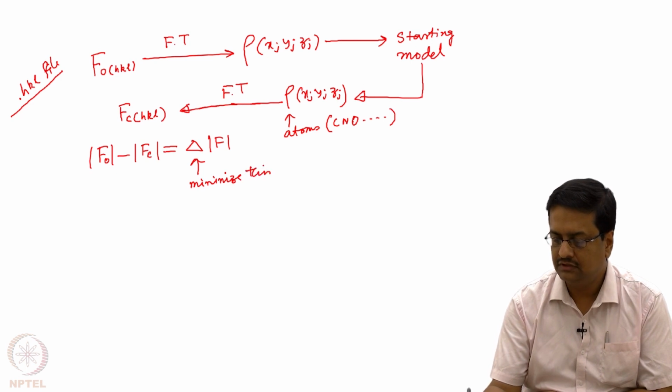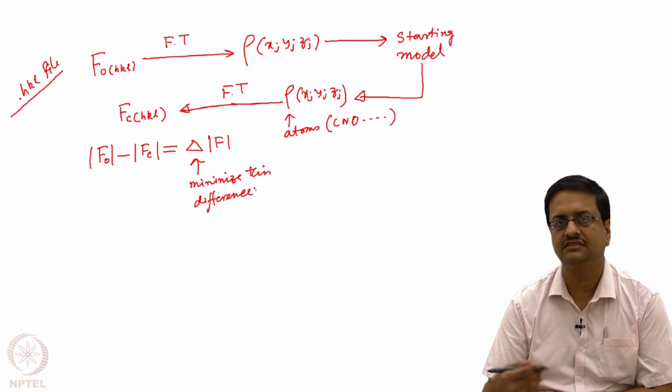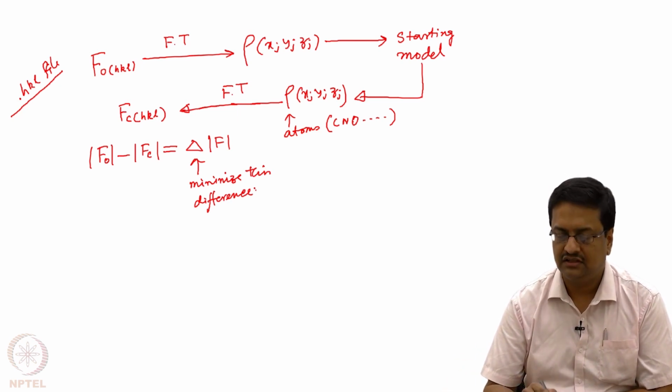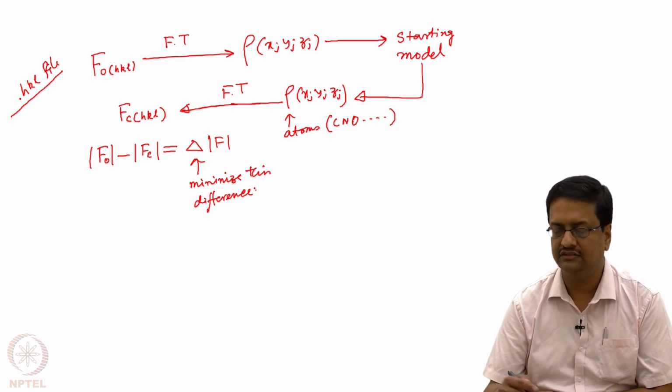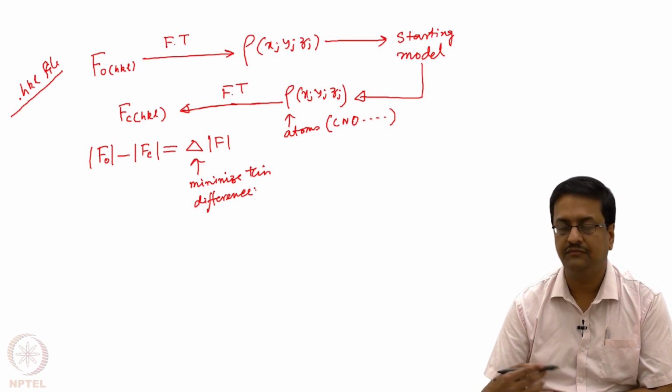this difference. That means we try to minimize the difference between the calculated structure factor and observed structure factor. That means we try to reach the correct structure based on this method, and this is done in a repeated fashion.